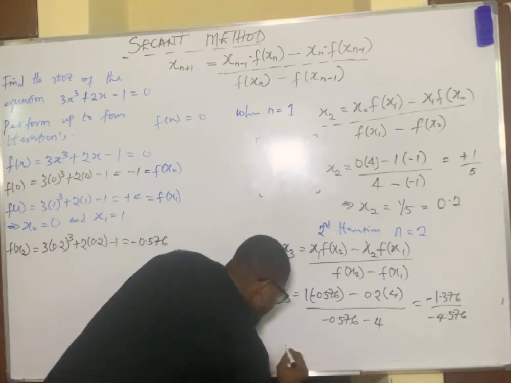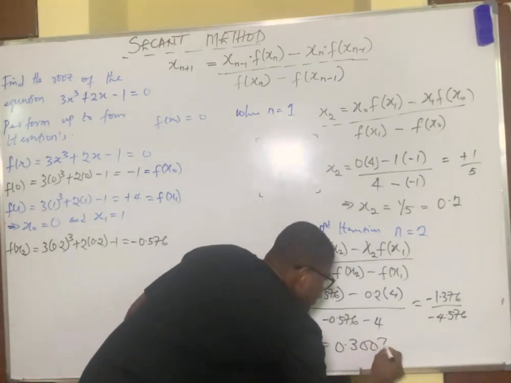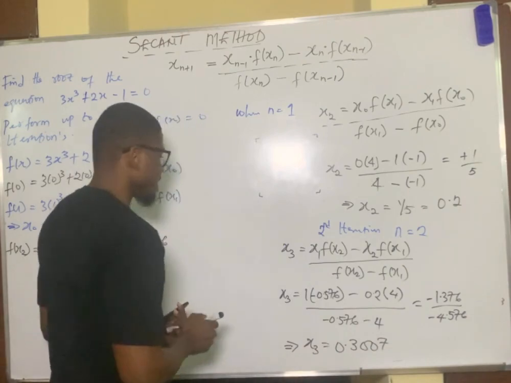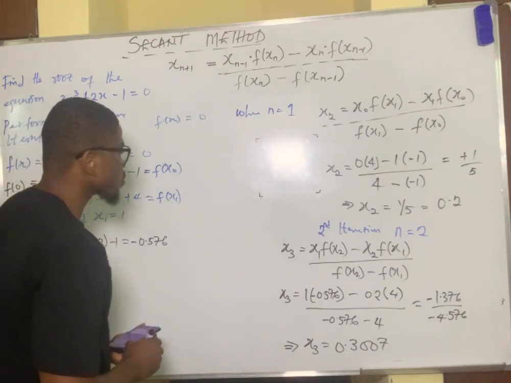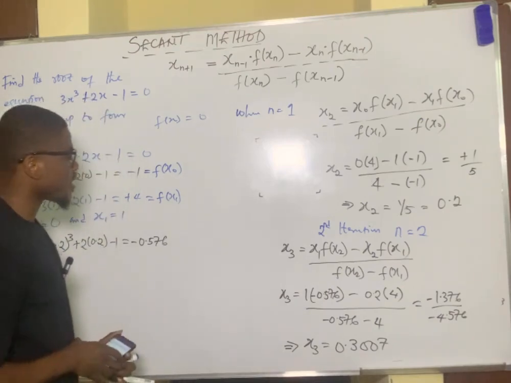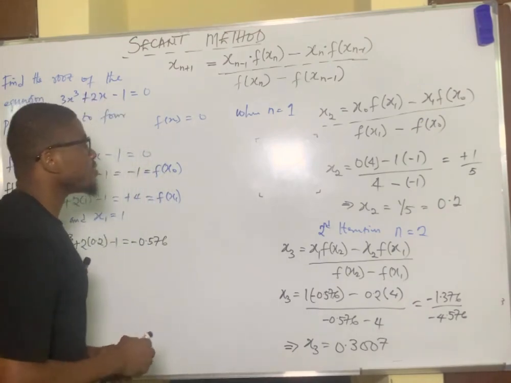So this implies that our third root, x3, equals 0.3007 approximately. So that gives us the value of the third root. We are asked to perform up to 4 iterations. We've performed 2 iterations, remaining 2. Let's now move over to the remaining 2.